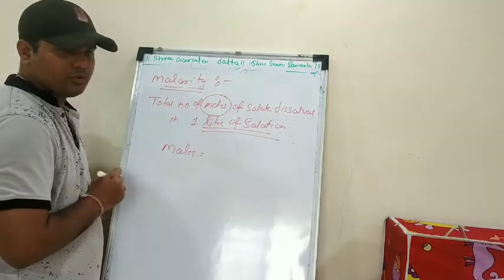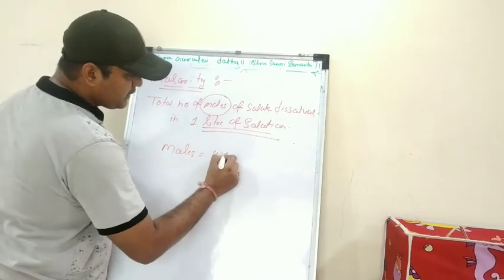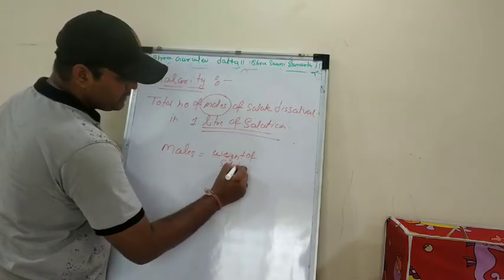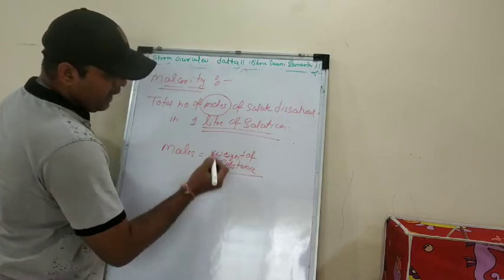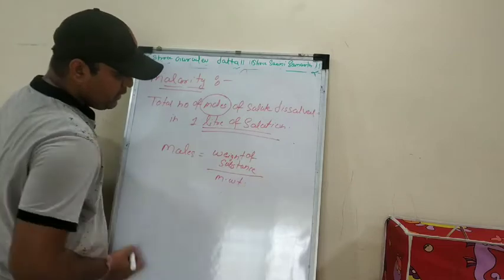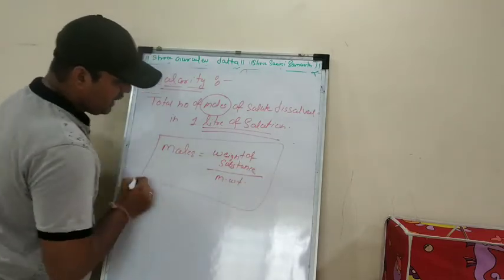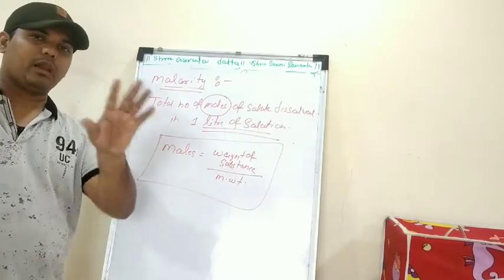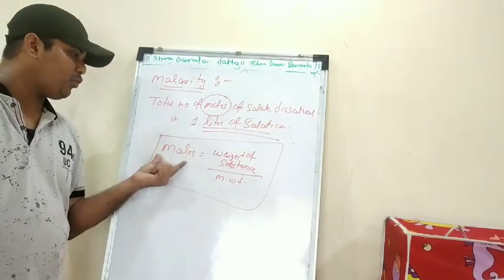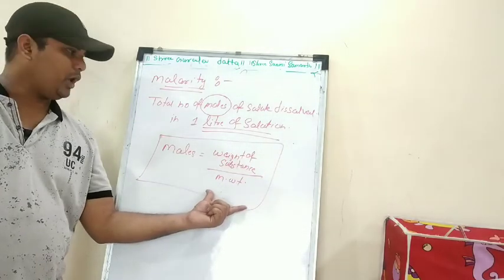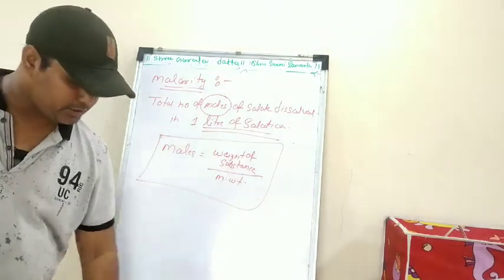Moles is equal to weight of a substance divided by molecular weight, that is your calculation of moles, right? So if you don't know how to calculate the moles, note down the formula. Moles is equal to weight of the substance divided by the molecular weight, right? I hope that you have understood this.